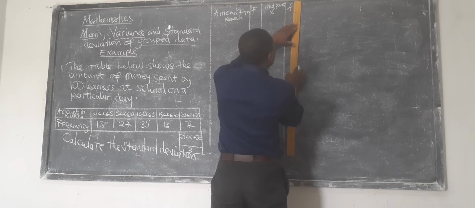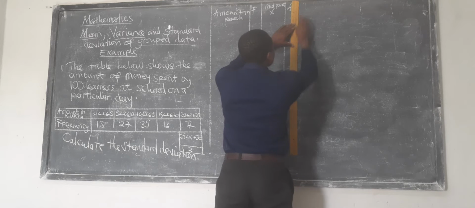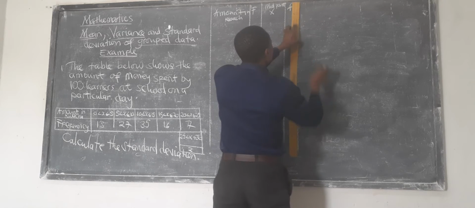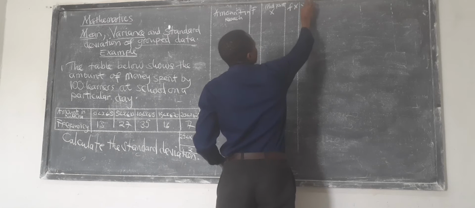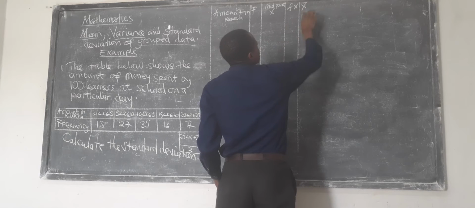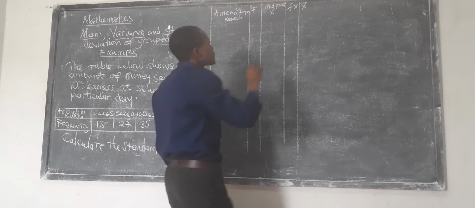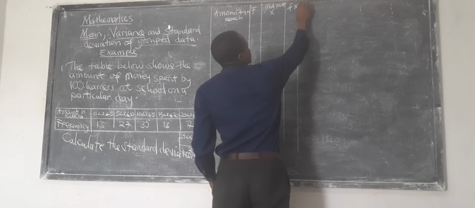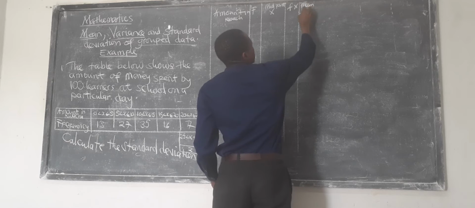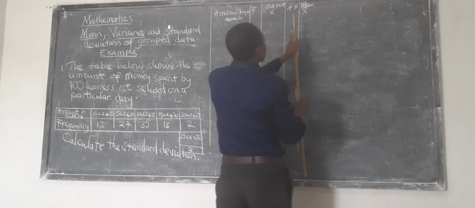After this, we have the mean. The mean is represented by x bar. If you want to calculate the mean, then you write x bar at the bottom.